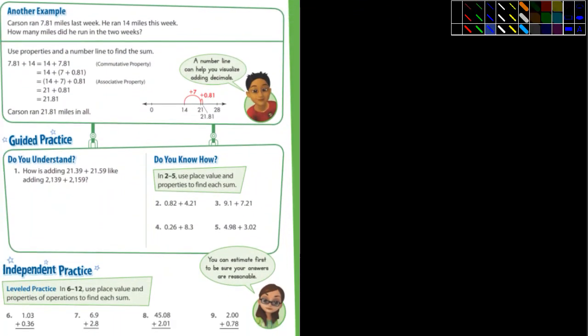All right, another example, next page. It says Carson ran 7.81 miles last week and he ran 14 miles this week. How many miles did he run in the 2 weeks? Well, let's take a look. 7.81 and then 14 miles. The decimal in 14 goes right there, and I could just put a 0, 0 to help me keep things lined up.